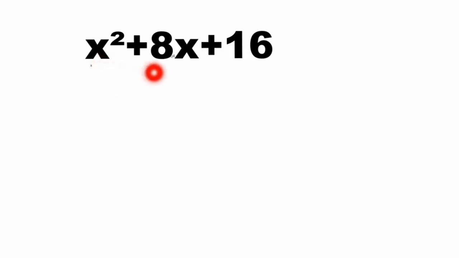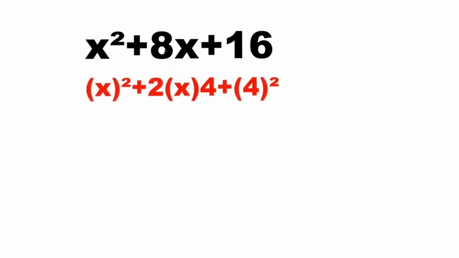x squared plus 8x plus 16. So you can see here that the x squared is from x squared, and 8x is twice the x times 4, and the square root of 16 is 4. The last term, 4 squared, is 16.